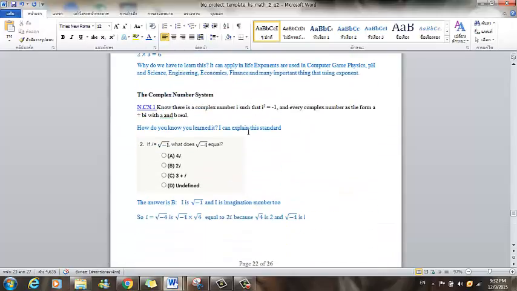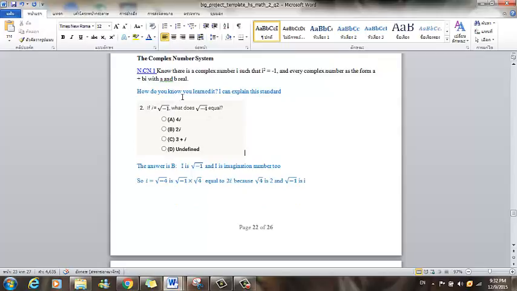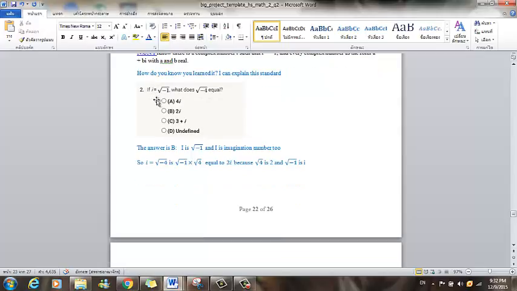For the first one, if i equals root minus 1, what does root minus 4 equal?